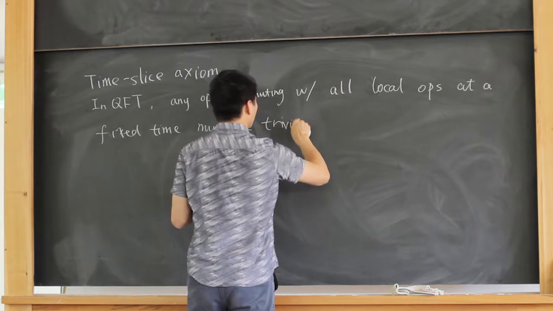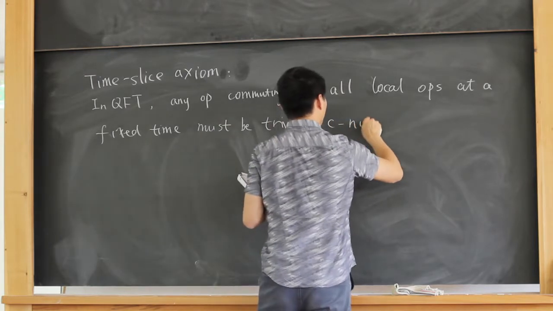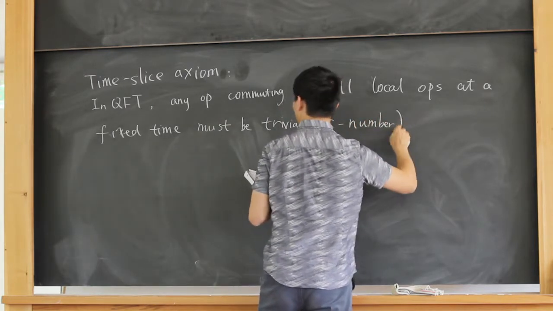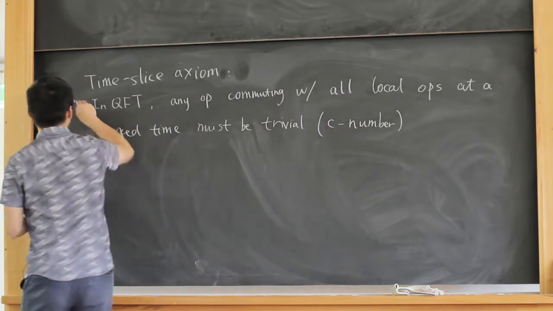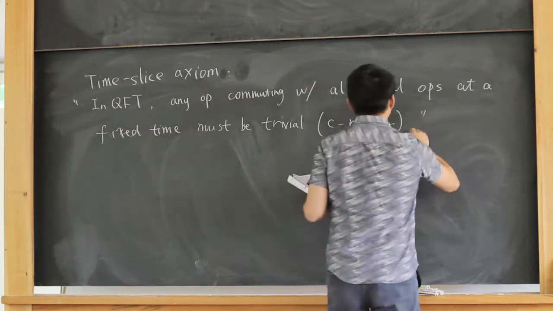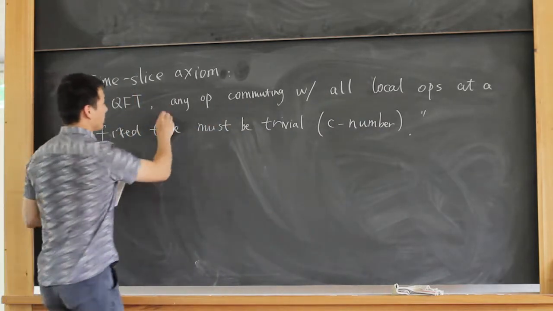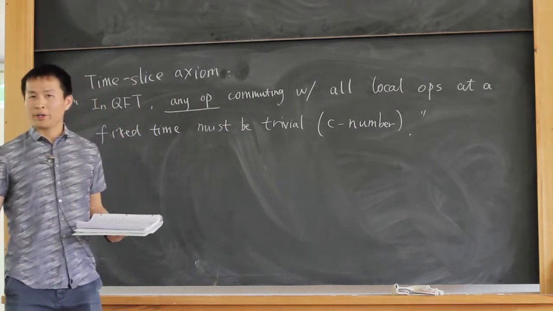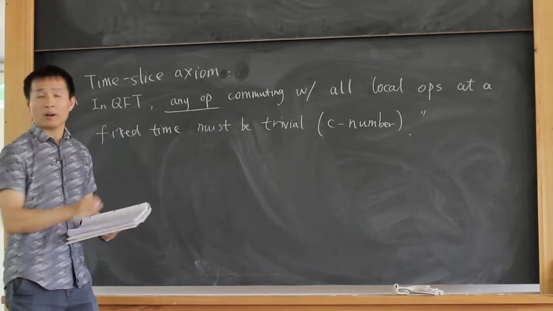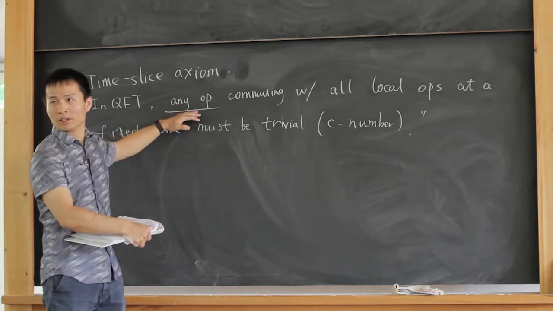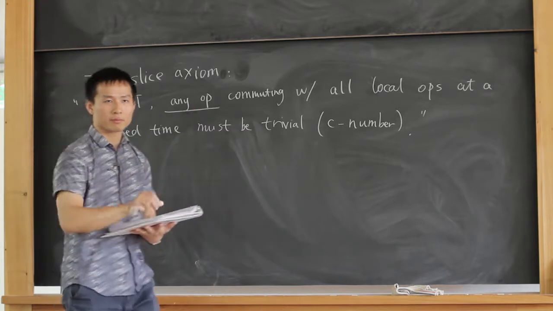And by trivial it means it's a C number. And the statement holds for any operator, not just local operators in the theory. So we can apply this statement to a non-local operator as well.